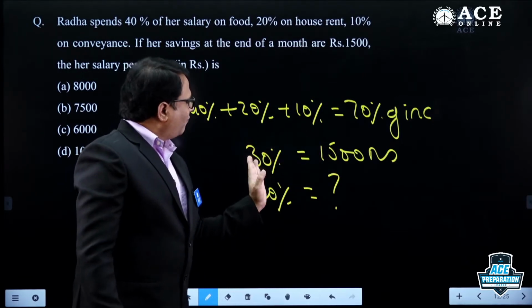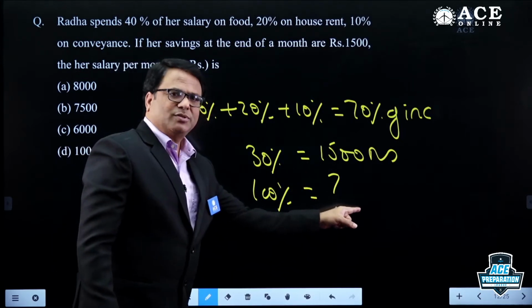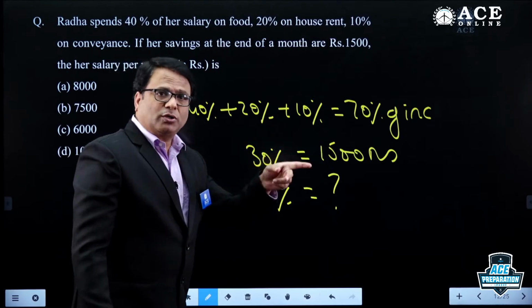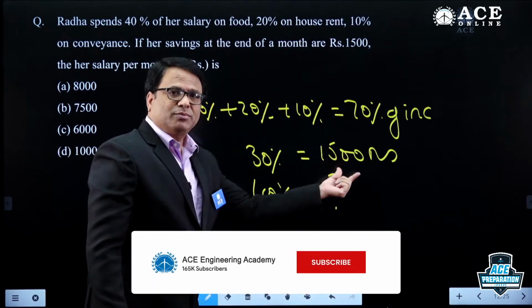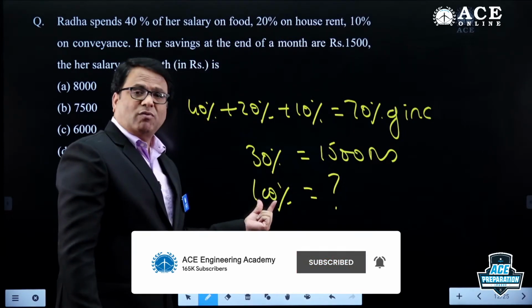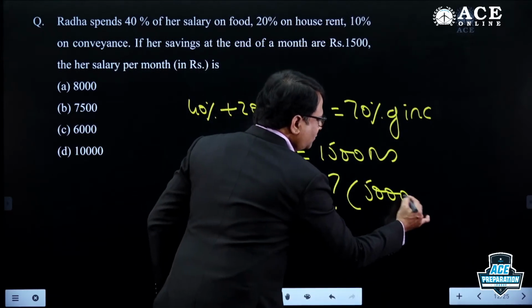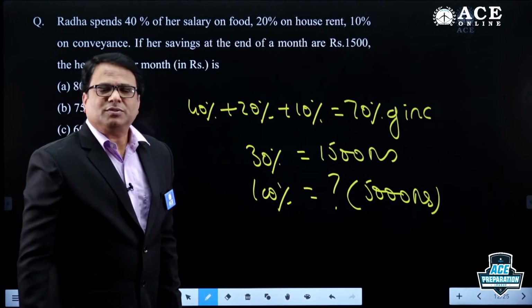So when this becomes 50 times, this one will also become 50 times. I am not doing the vertical comparison. I am doing the horizontal comparison. And 50 times of 100 is 5,000. So I can say her monthly income is 5,000 rupees.